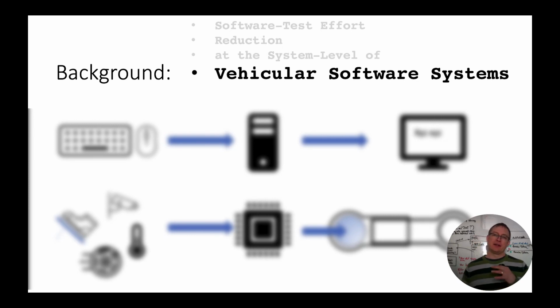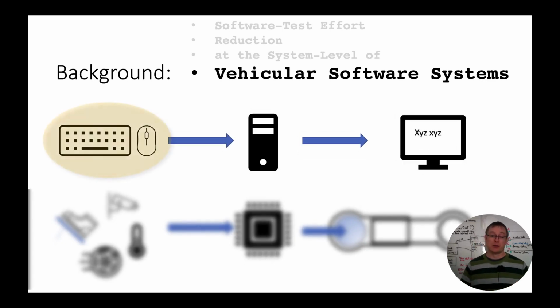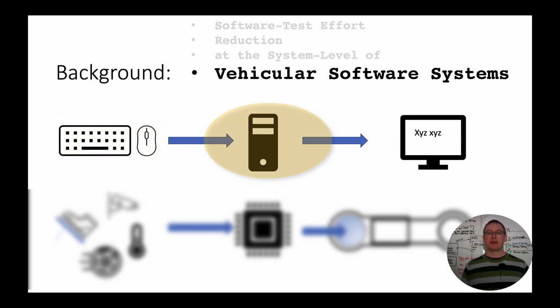And this is also why testing these systems differs a little bit. So if we start out with what you're used to on the PC, you typically have the keyboard and you have a mouse, and you type things in, and you click with the mouse and you do some processing, and then the result comes on the screen.